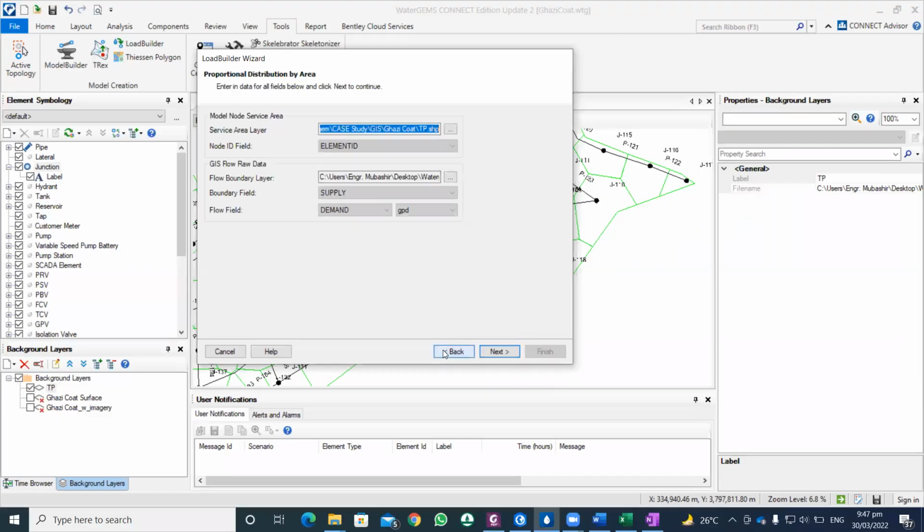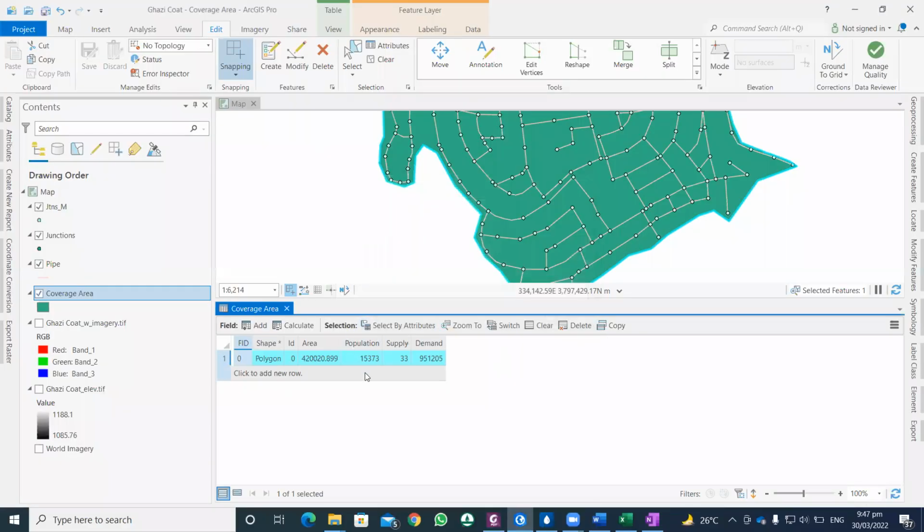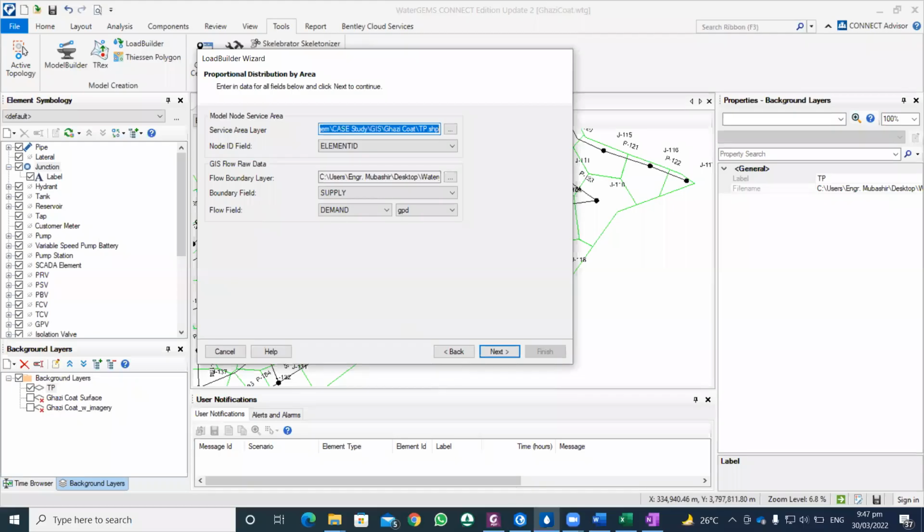Now, okay. So the boundary field should be the supply field, and the flow field should be the demand field.